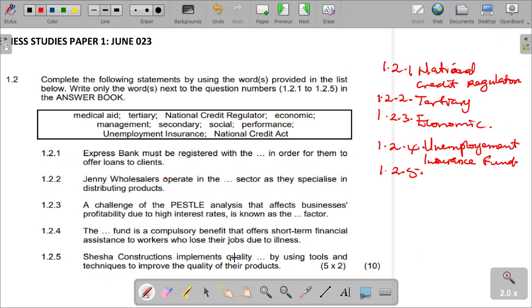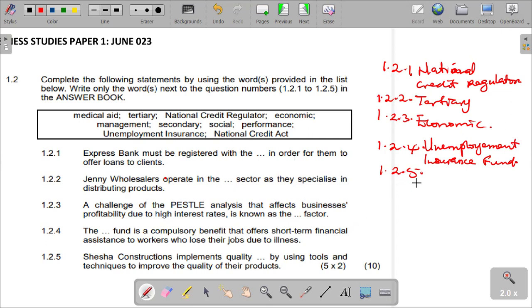From the list of options given, we are saying Shesha Construction implements quality management by using tools and techniques to improve the quality of their products.